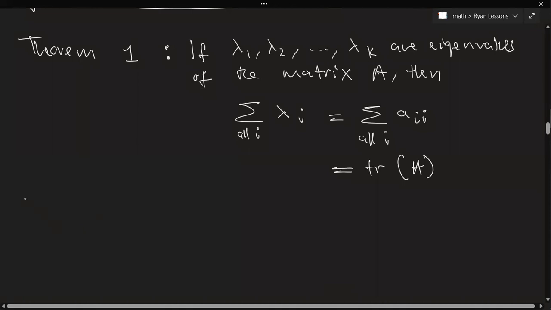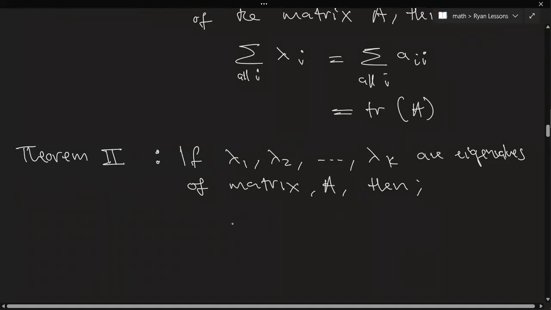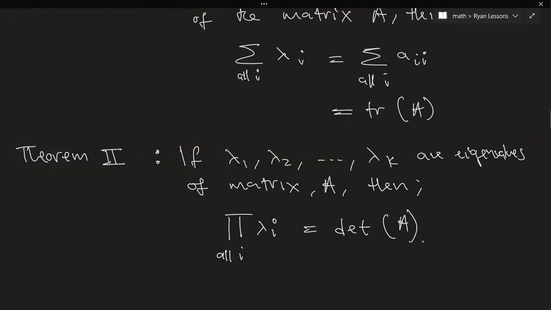Then Theorem 2. If lambda 1, lambda 2, ... lambda k are eigenvalues of matrix A, then the product of them gives you the determinant of A. So when you have a matrix and you know its eigenvalues, you can use that to calculate the determinant.